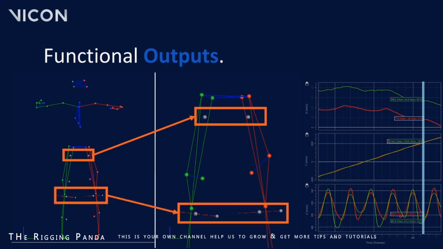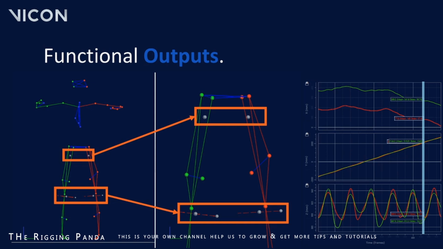And the second output we can see is the axis of rotation being applied to the knee. Functional joint axis estimations have been shown to be more repeatable, more accurate, and less susceptible to small marker placement errors.